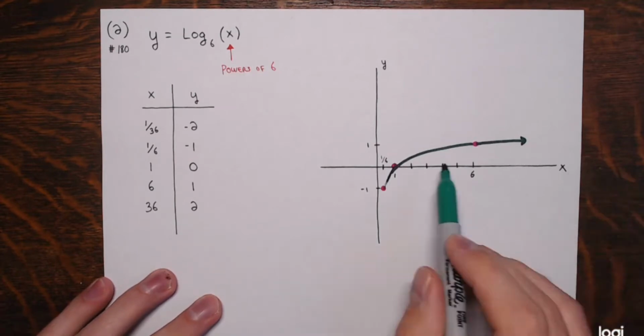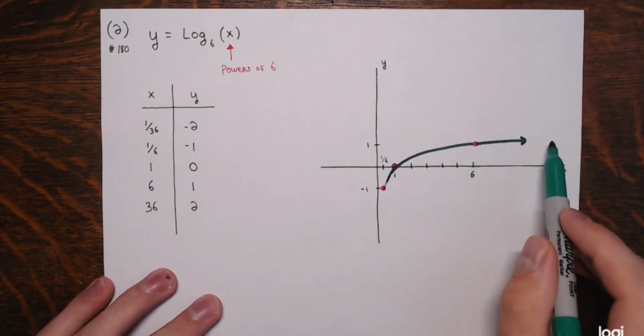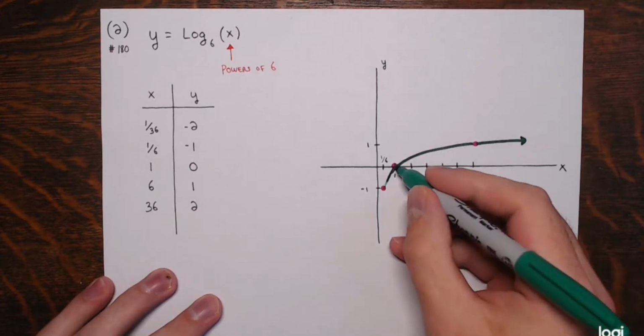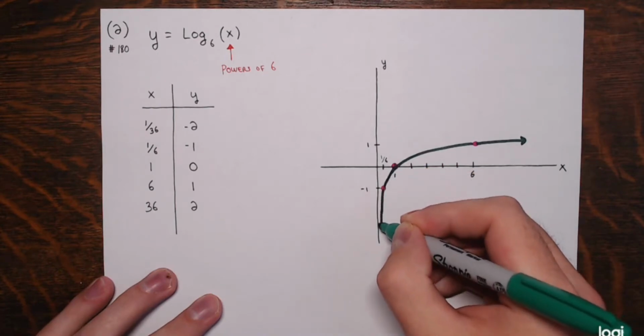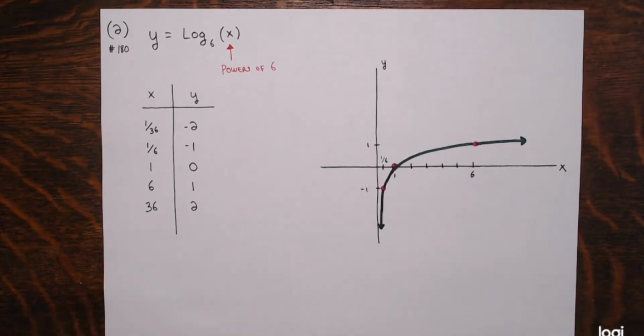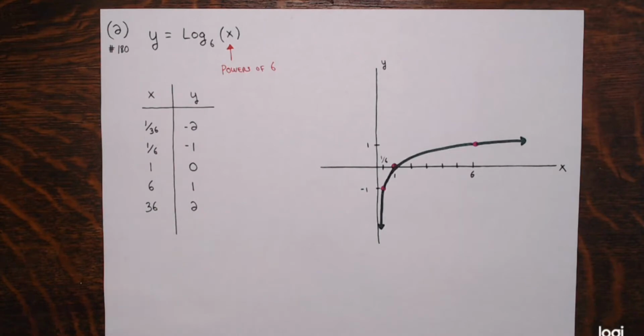So it's going to be increasing, but very slowly as I move to the right. And as I move left, it's going to be shooting down forever, but all to the right of the y-axis. Again, the y-axis is a vertical asymptote.